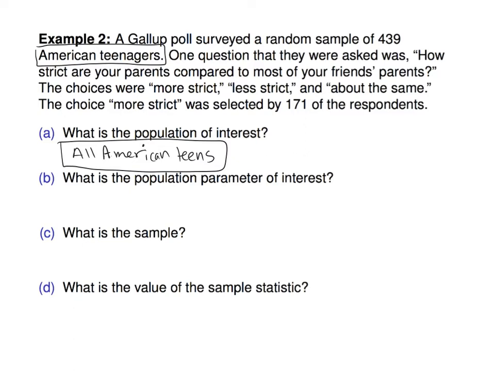What is the population parameter of interest? Make sure you specify if we're talking about a proportion or a mean, but we're looking at the more strict choice. So this is the proportion of American teens who rate their parents as more strict.